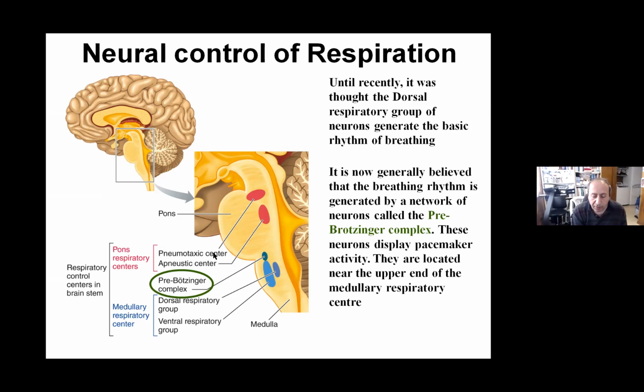But the main point of this slide is that the pre-Bötzinger complex has been discovered recently as the main driver of generating a rhythmic pattern to control breathing.